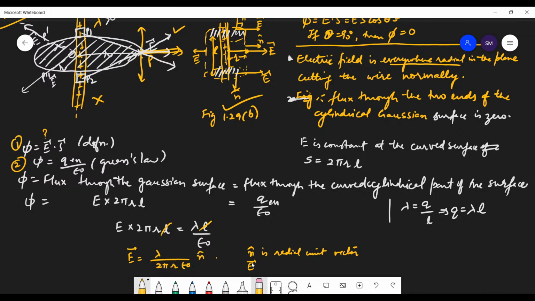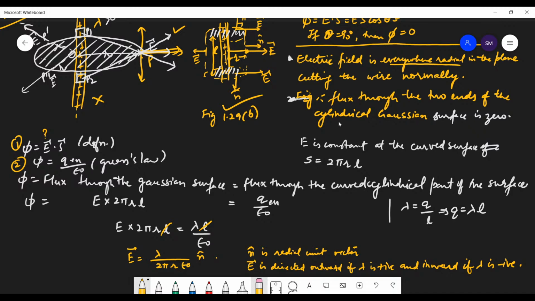So E is directed outward if lambda is positive and inward if lambda is negative. So that's all. You have told the magnitude and the direction.